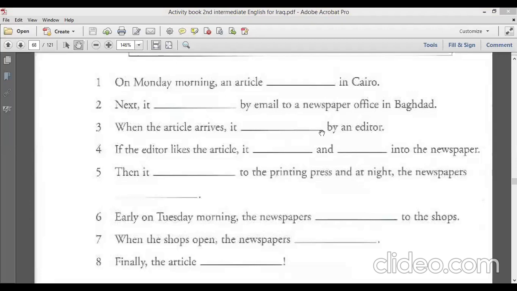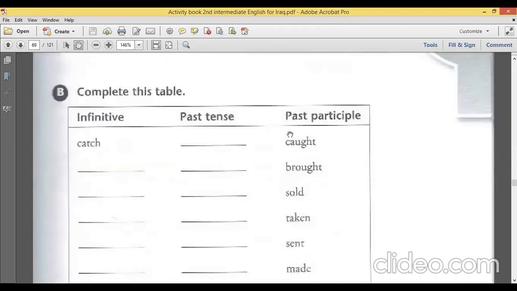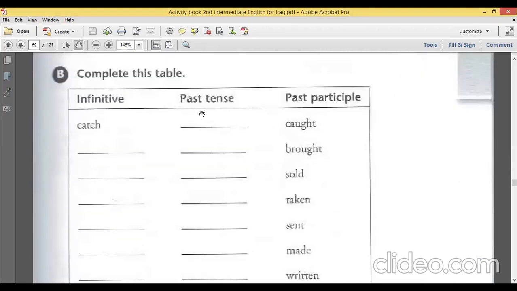Right? So, we finished this exercise. We have another exercise that, I think, is easy for you. Right? It's on page 69. We have these verbs.